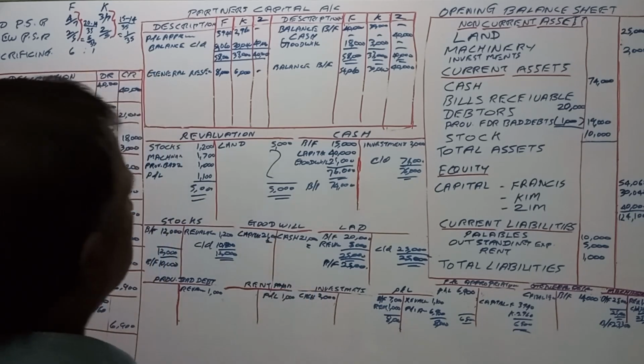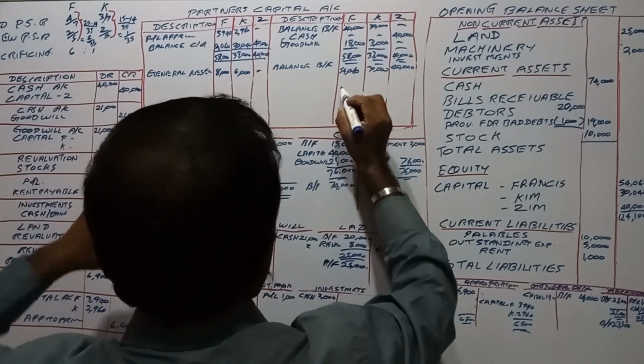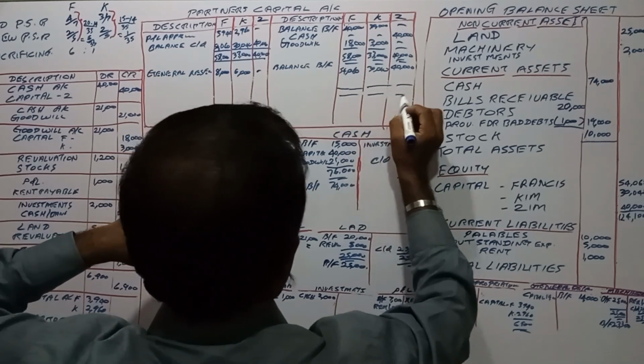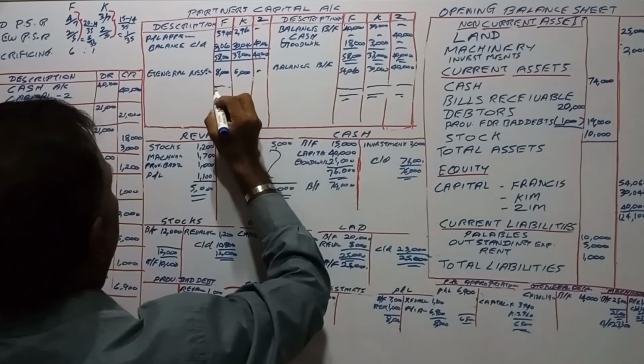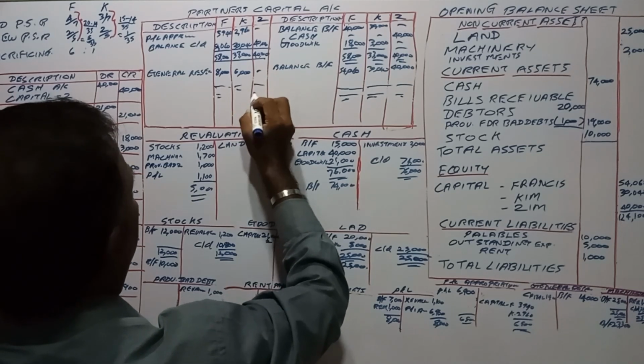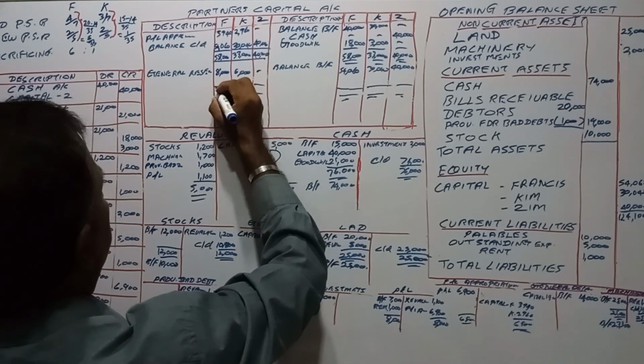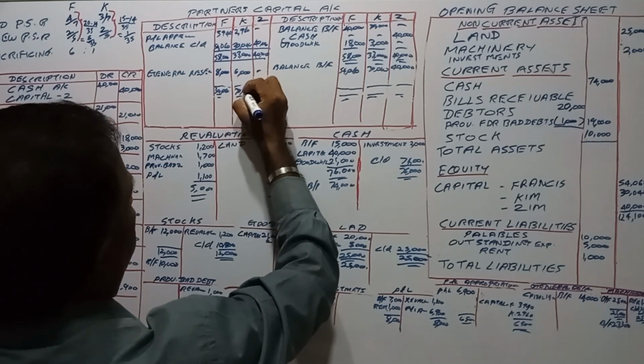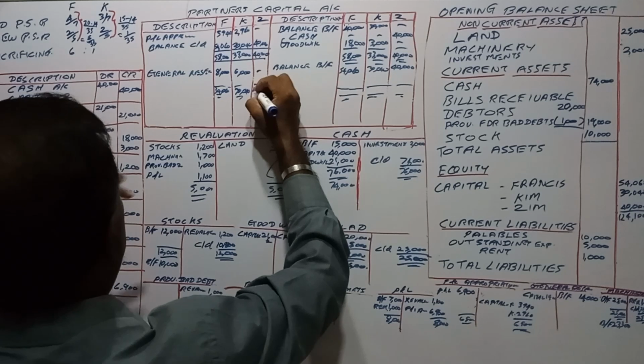Right? So balance carried down is 54,060, 30,040 and 40,000, right?